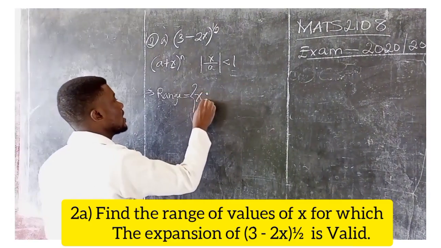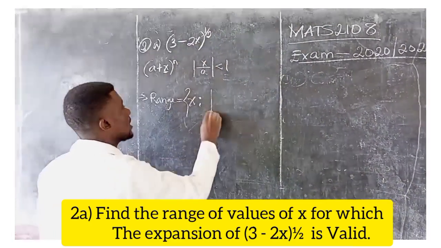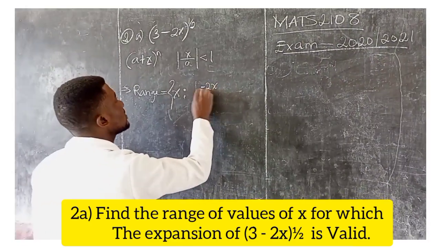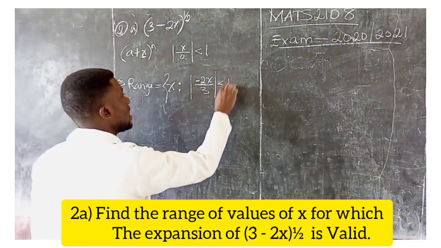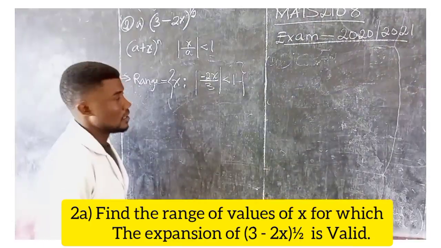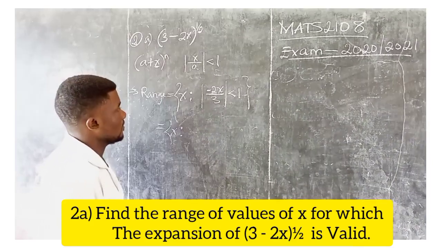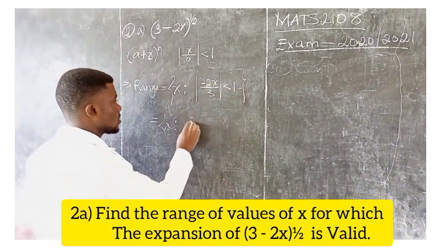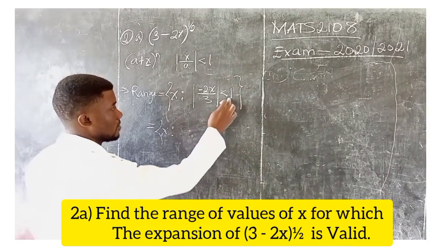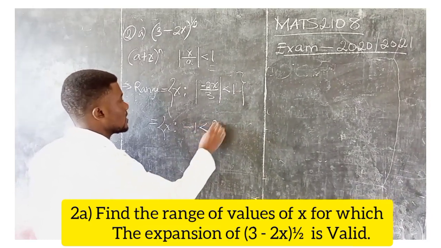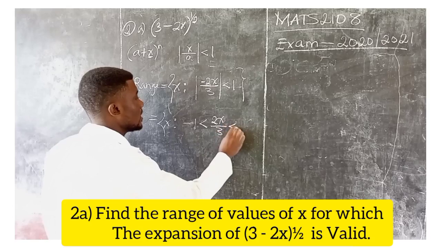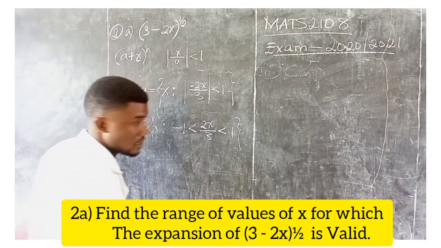This follows that the range we are looking for is the set of all x for which the magnitude of negative 2x divided by 3 is less than 1. If we simplify this, it gives us negative 1 is less than 2x on 3 less than 1.